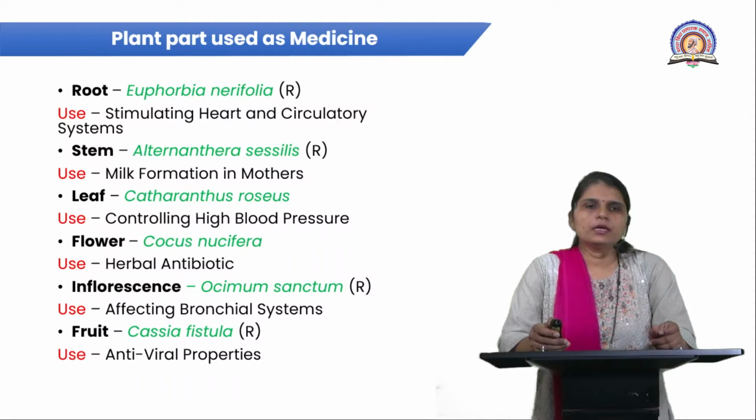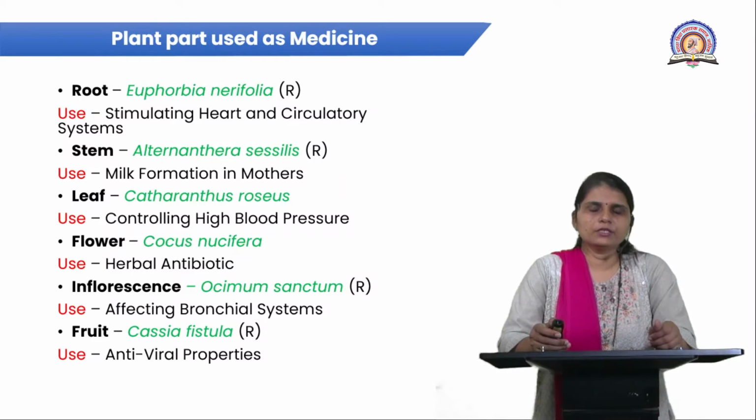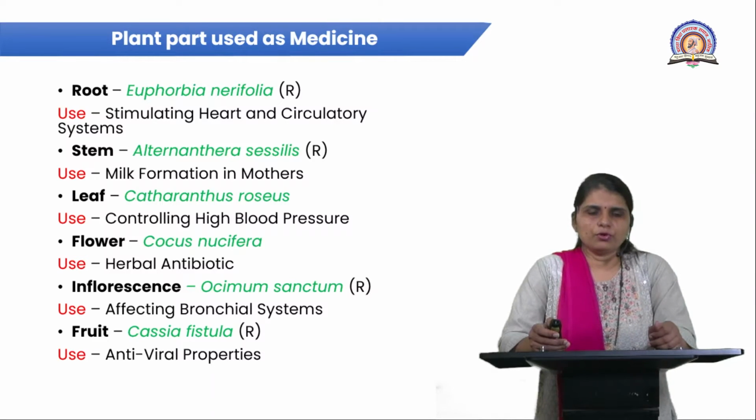This Ocimum sanctum is used as medicine affecting the bronchial system. Then next one is the fruit. The fruit of Cassia fistula is used as medicine, having antiviral properties, the fruit or pod of Cassia fistula.